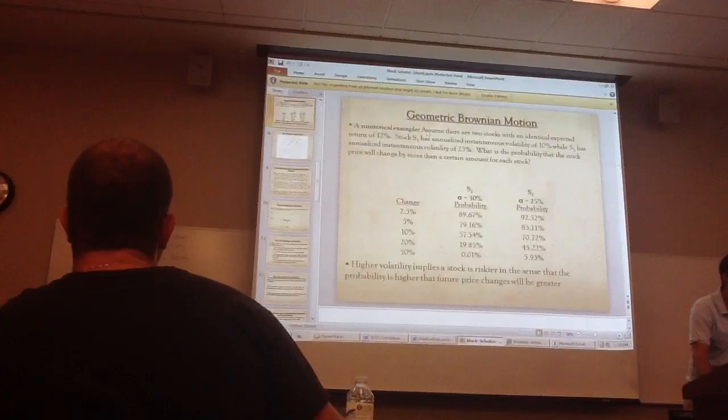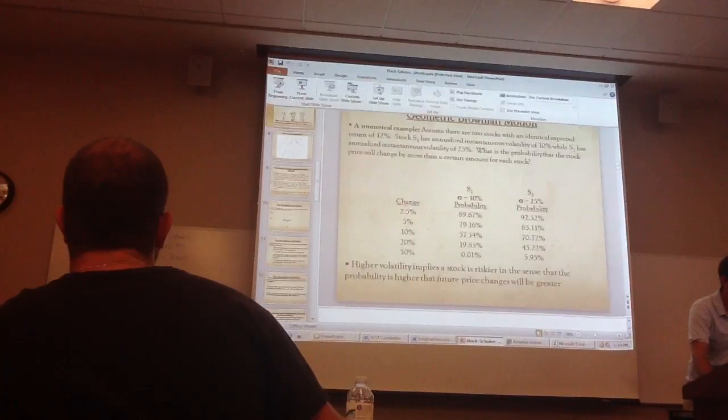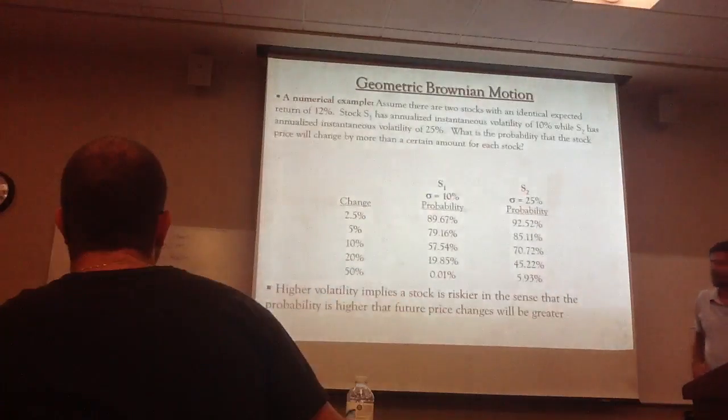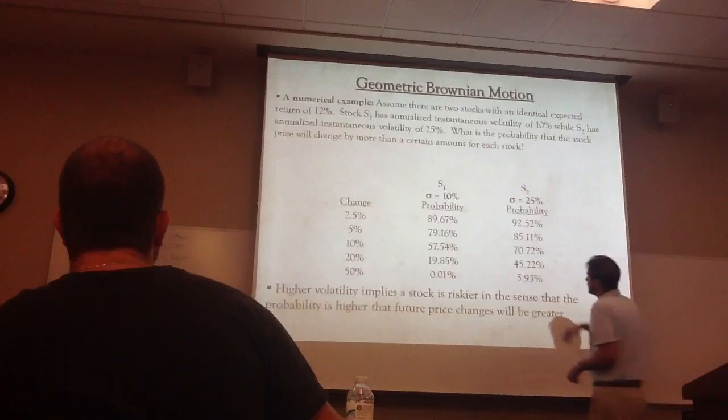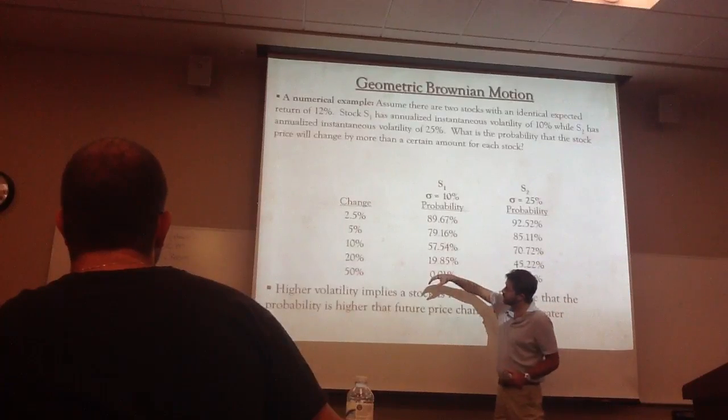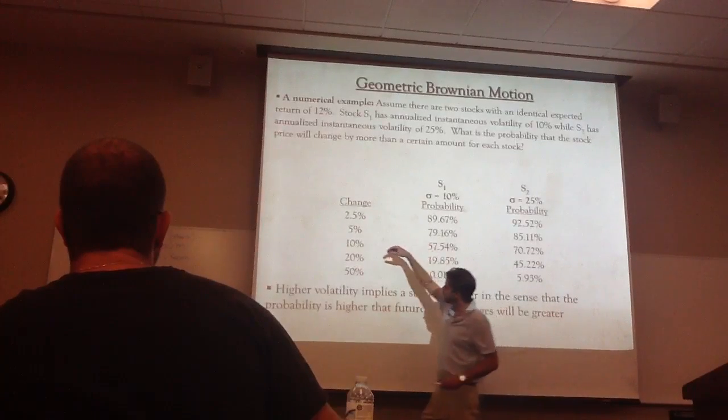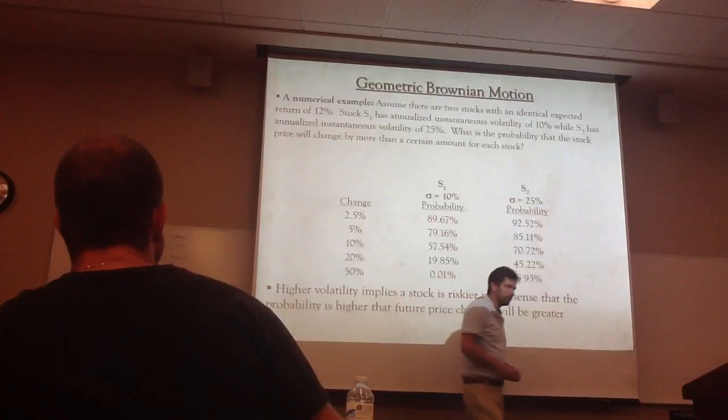And so if we take a look at this, when we're increasing our volatility, these are just the likelihoods of change of 2, 5, 10, and so forth.